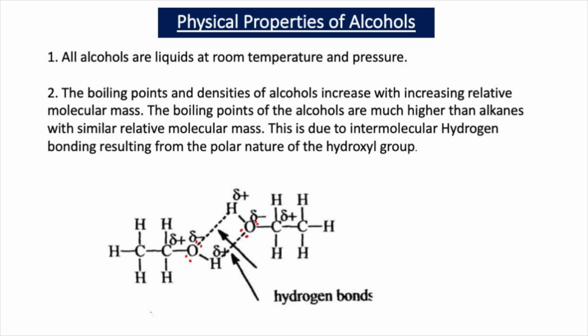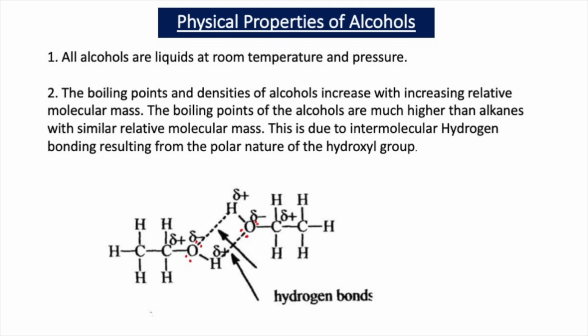Hydrogen bonding is the strongest intermolecular force, and it occurs when you have an H-O, an H-N or an H-F. And you can see I've drawn here the hydrogen bonding that exists between two ethanol molecules. You can see that the delta plus H on one ethanol molecule attracts the delta minus oxygen on another.